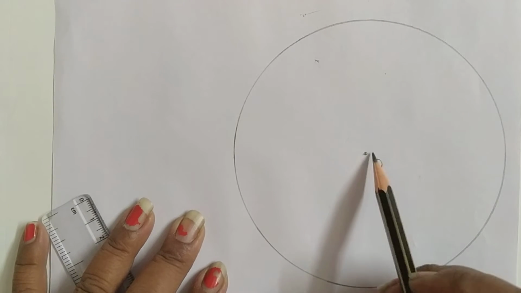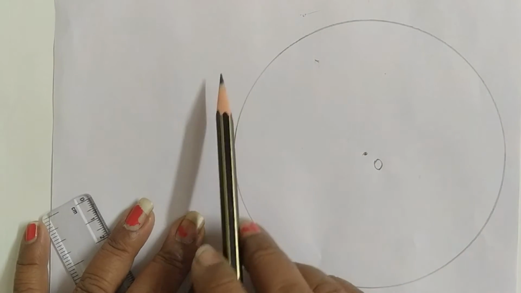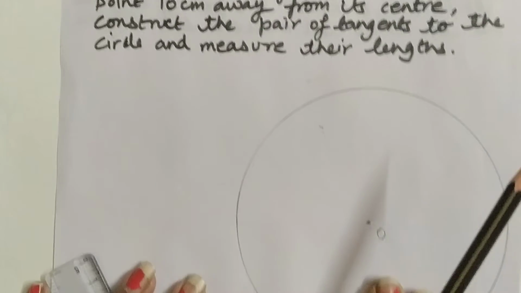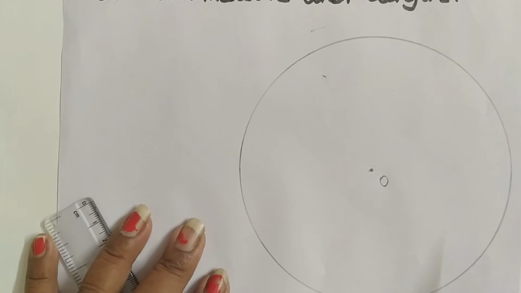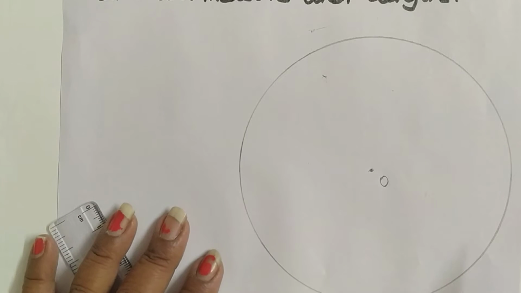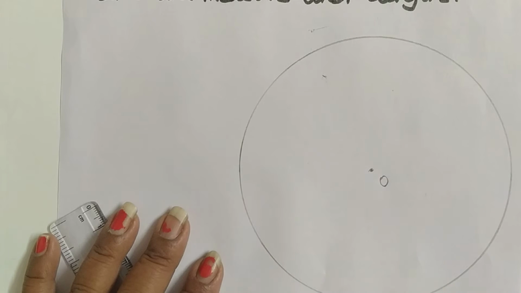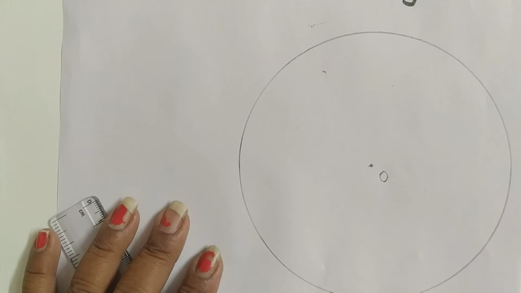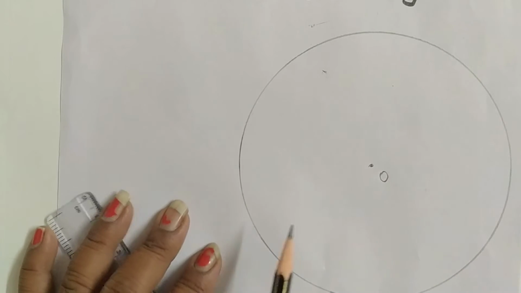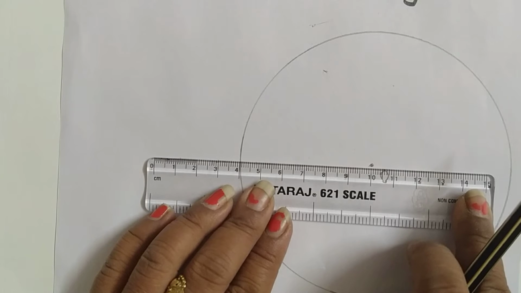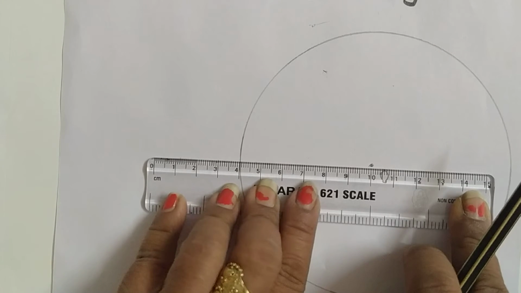This is the center, and we have to take a point that is 10 centimeter away from the center. Sometimes the question will say any point outside the circle. Simply, you take any point and join it with the center. The method will remain the same; the measurement of the radius could be different. So let's take a point 10 centimeter away, according to this question only.